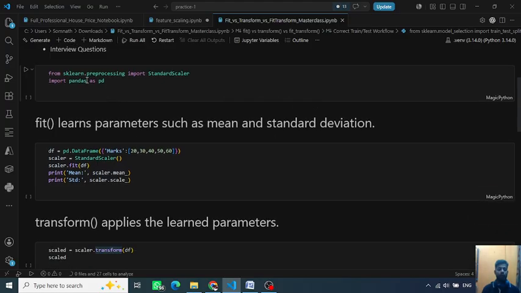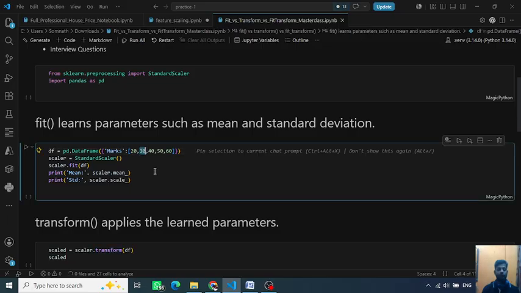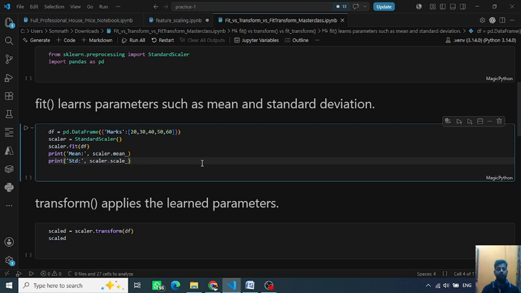So again we are using the same library, scikit-learn, and the StandardScaler class, on the age data set only. Here we have not taken the salary, only age, to show how fit and transform work. Fit, then print the mean and standard deviation.